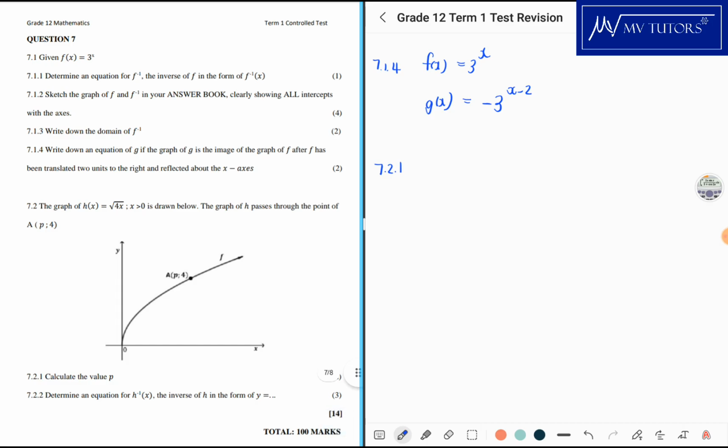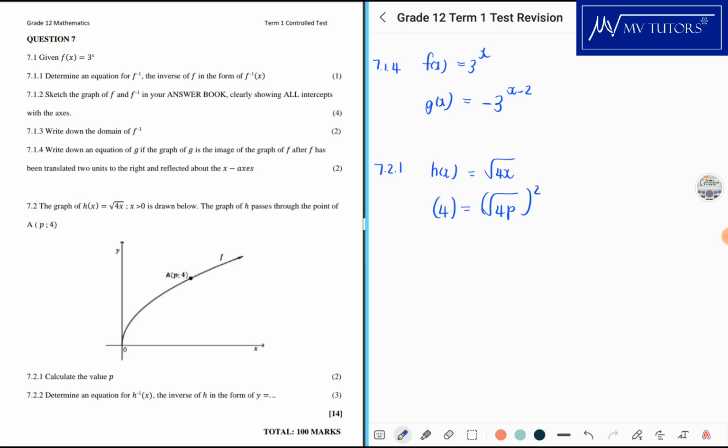For 7.2.1, calculate the value of p. If you have been given an equation, h of x is equal to the root of 4x, and a point that's been given to you, then plug it in and see what that gets you. The y value is 4 and the x value is p, so your only unknown is p.